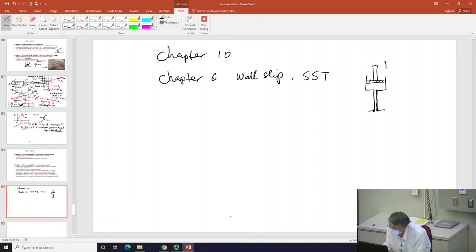You have a piston pushing down, either with a constant pressure, which is what we did, because pressure gives you an indication. It should be 4D, with L on the top.